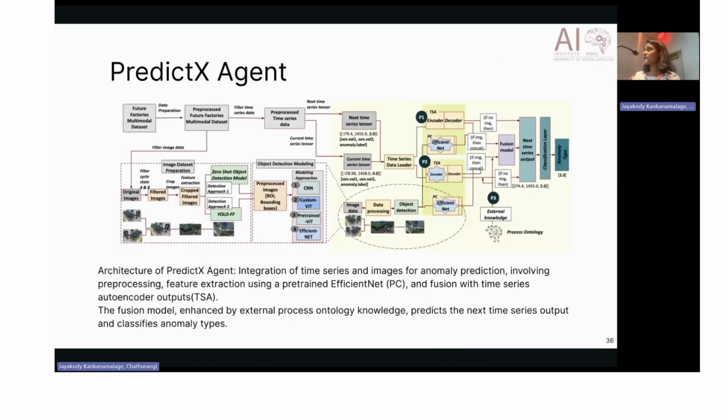What is knowledge infused learning? It is a type of neurosymbolic AI approach. Neurosymbolic AI means we combine neural methods with symbolic approaches. The neural methods that we use are the autoencoder approaches, EfficientNet architectures, and the fusion model. And the symbolic approach here is the use of the process ontology.